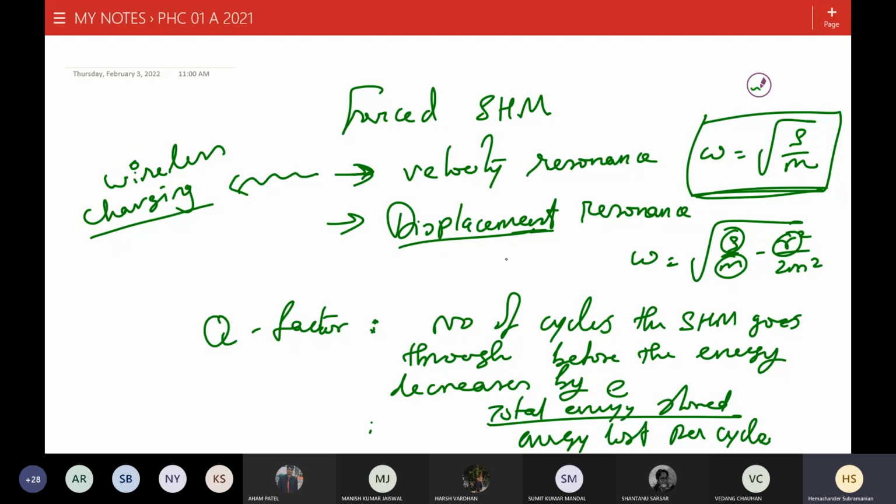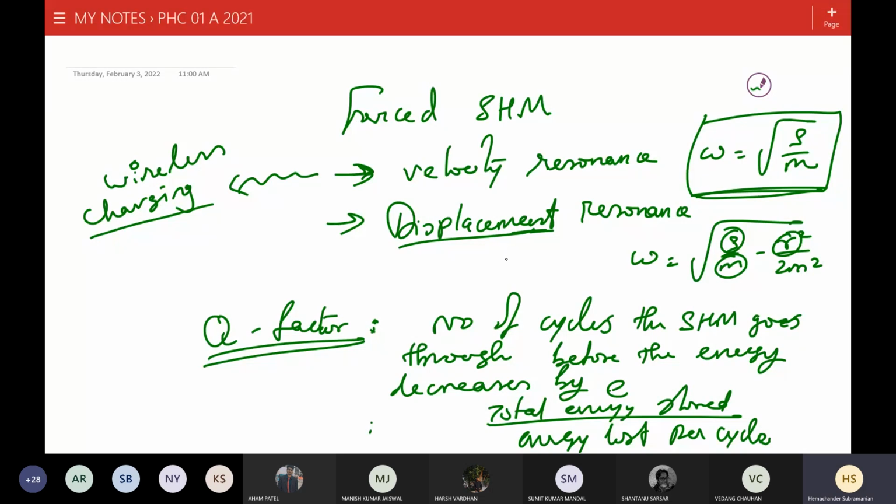I am trying to remind you of these because you will be using these Q factors in your engineering classes, and this course's name is engineering physics. So you need to know this stuff. Now we will go for another definition of Q factor.